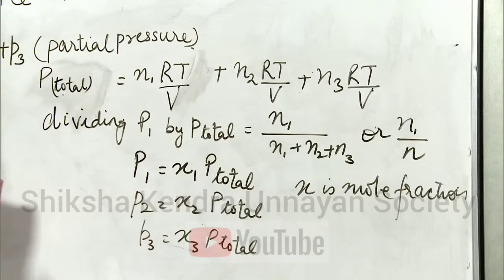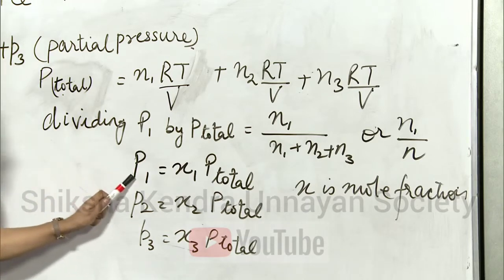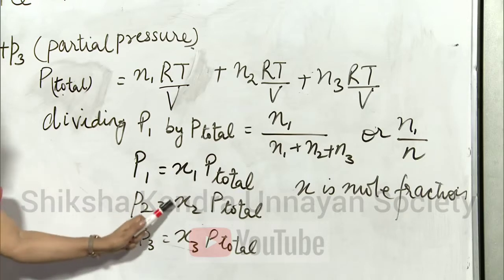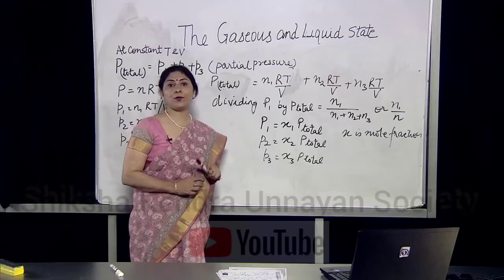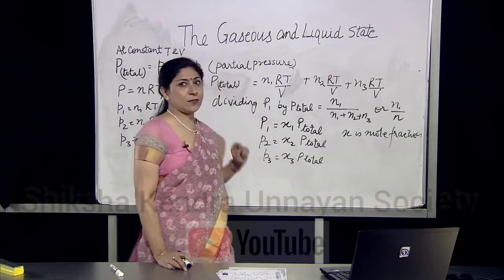Now, what is X here? X is a mole fraction. So P1 is equal to X1 P total, P2 is equal to X2 P total and P3 is equal to X3 P total. This was described by Dalton.